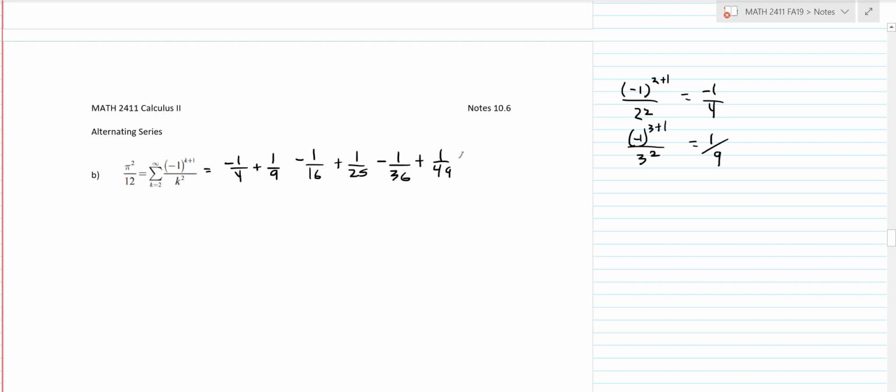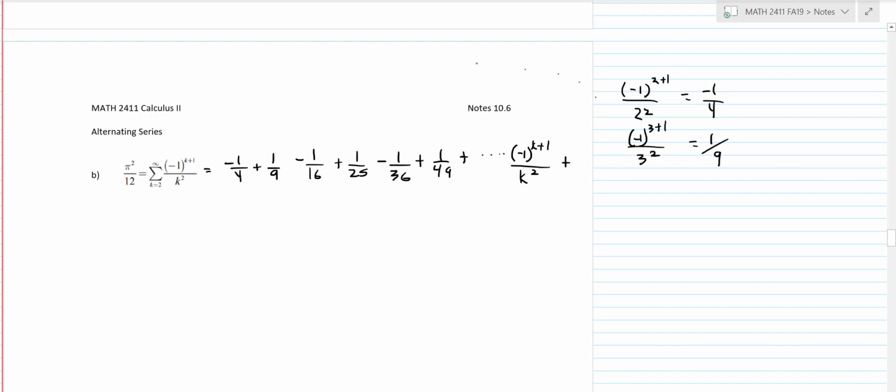Eventually we'll end up with the series negative 1 to the k plus 1. This is what you were given. And then the next item in this would actually be this.